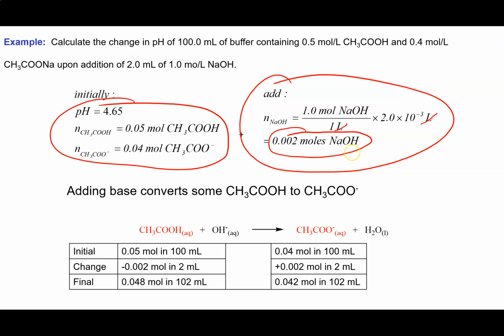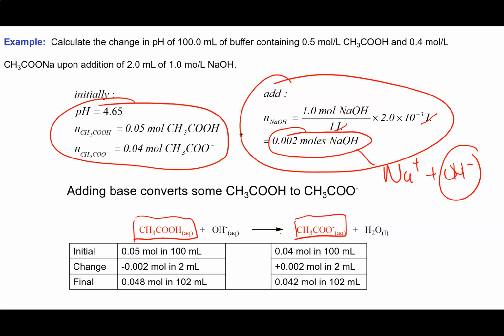So what is the effect of adding hydroxide to this buffer? Well, this sodium hydroxide is just the source of hydroxide ions. What's going to happen is my hydroxide ions are going to consume some of my acid. And by consuming some of my acid, they're going to produce some acetate, or my conjugate base.